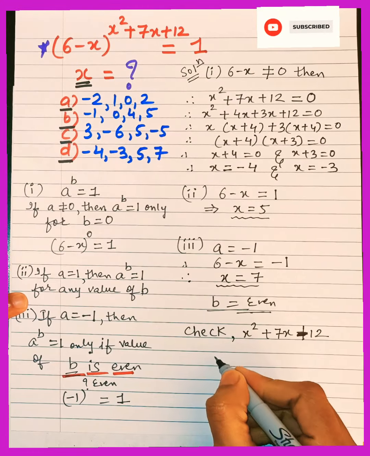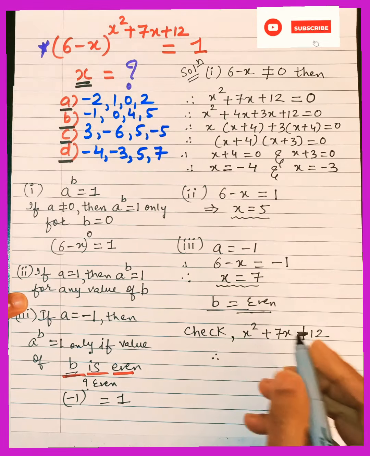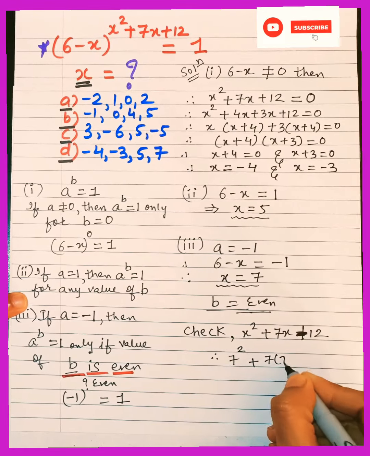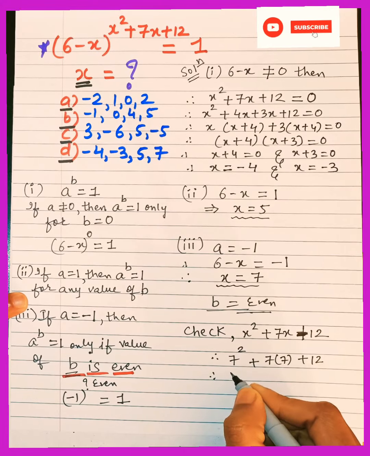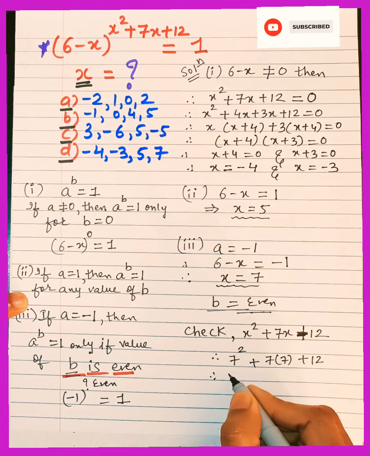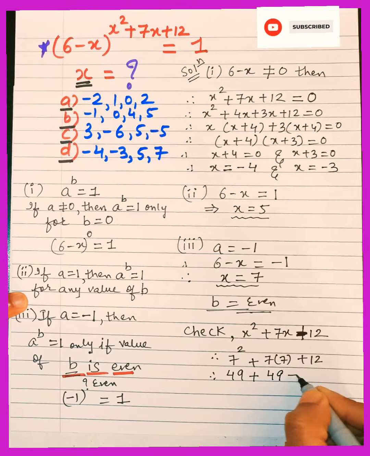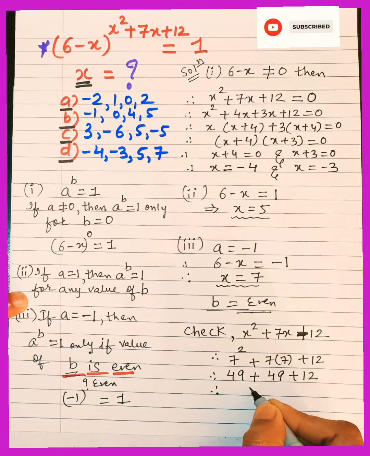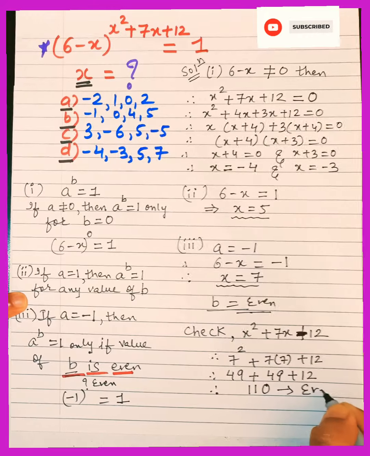So x is 7. Here we will put 7 and check whether b is even or odd. So 7 square plus 7 into 7 plus 12. 7 sevens give you 49, and again 7 sevens give you 49, plus 12. If you add all this, you get 110, and 110 is an even number.